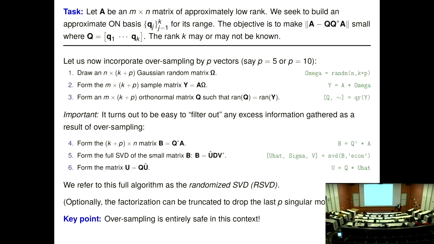You can be sort of brutal, you oversample a little bit aggressively, and you are going to collect some garbage. You are going to collect some contributions from the singular vectors you don't want. But this is where the second step becomes important, because it filters that out. The second step is deterministic, and it filters out the things that entered unnecessarily from the oversampling. So it's a much more stable technique than most Monte Carlo techniques.